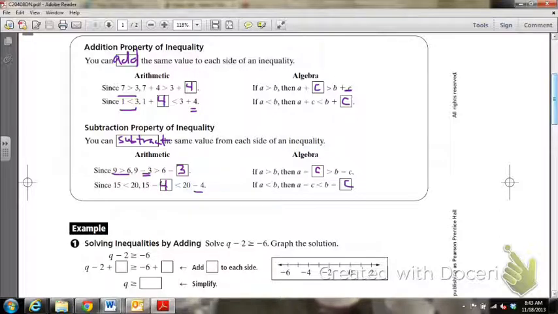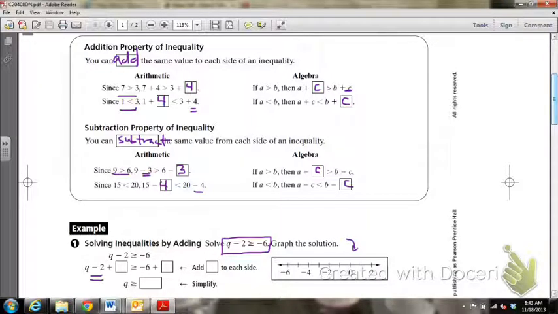So now let's try these skills. We're going to solve inequalities by adding. So here's our inequality. Q minus 2 is greater than or equal to negative 6. And they want us to graph our solution on this number line. So if you have Q minus 2, remember to solve equations, and the same is true for inequalities, you want to do the opposite of what you see.